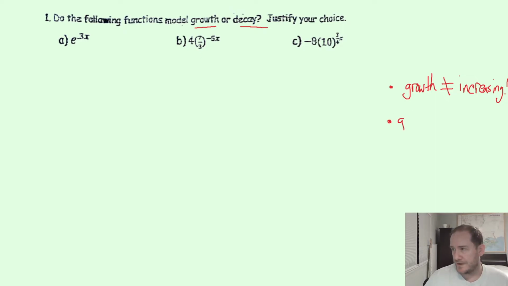Growth does equal a base that is greater than 1. But that's not quite true either. It means growth happens when your base is greater than 1 and when C is positive.